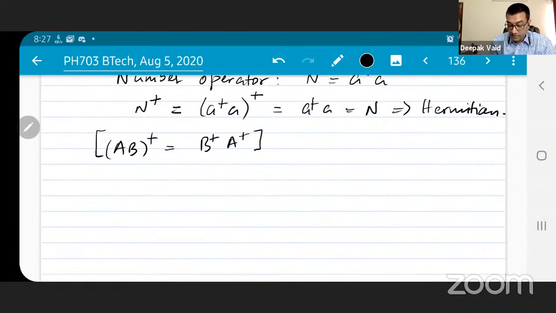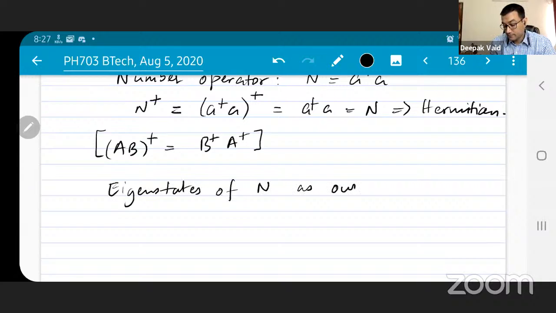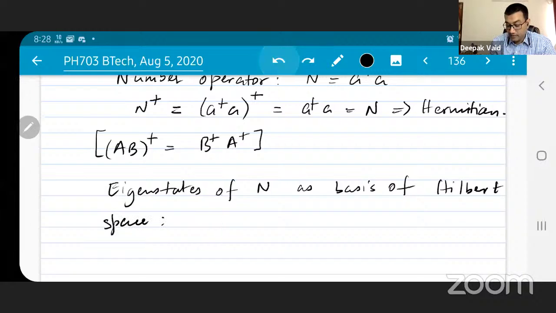So we will choose the eigenstates of N as a basis of the Hilbert space, and we will label these eigenstates as ket n, where n is the eigenvalue.